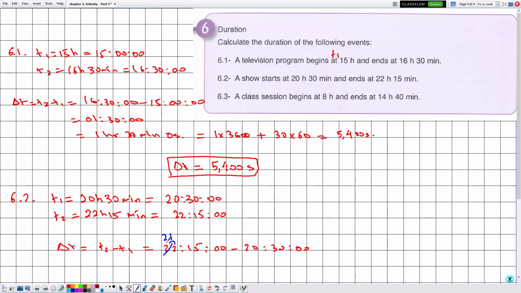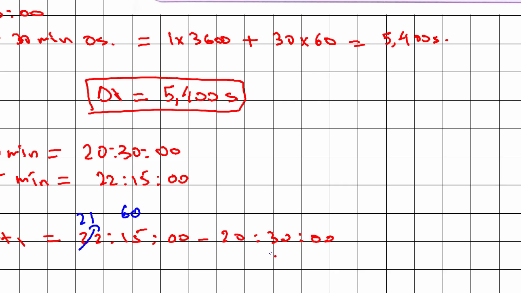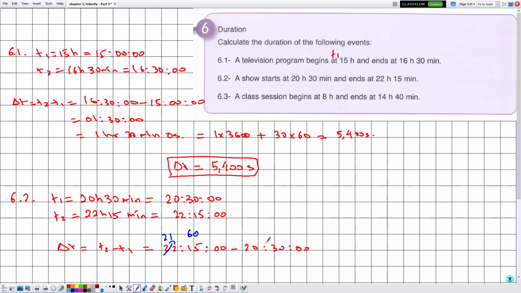So taking 1 hour here and adding it to the minutes, which is 60 minutes. I have taken 1 hour from the 22, then it will be given by 21, and each 1 hour corresponds to 60 minutes. Then this can be written as 21, so 60 plus 15 is given by 75, minus 20:30.